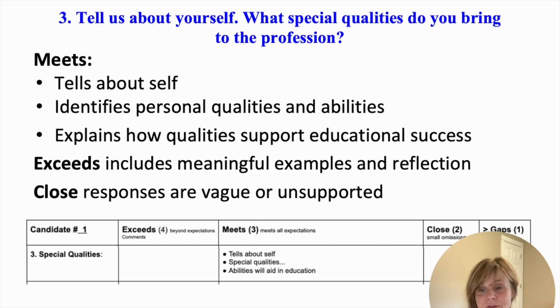Talk about maybe the students they're able to connect with, or the situational examples, or how they're going to be able to enrich what they're doing in the classroom because of those past experiences. That would be an exceed. Close, again, vague, maybe unsupported. Maybe they didn't totally give us a full picture, and a gap would be worse than close.